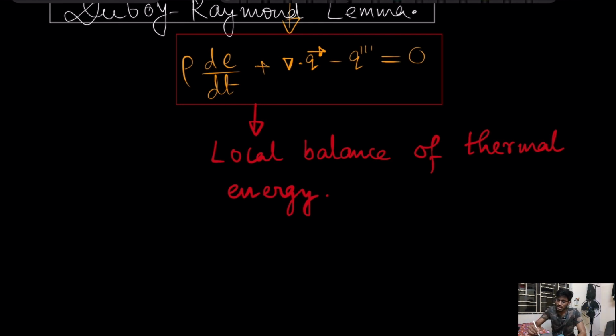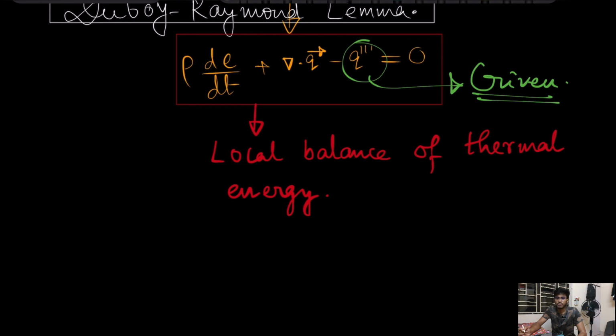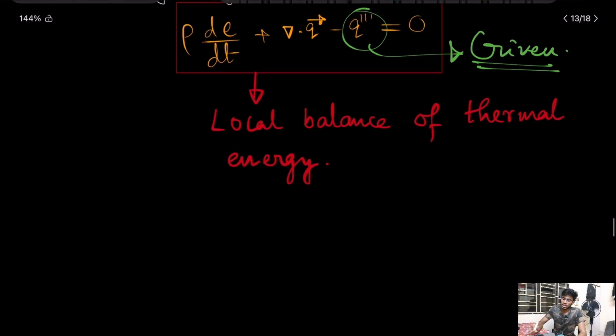First of all, in most cases this will be given, either as a constant or as a function of time and space. But these two, this one and this one, are functions of the temperature.